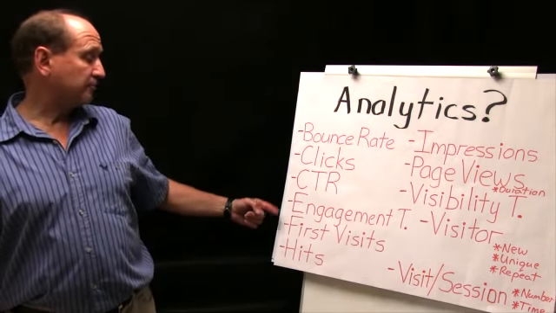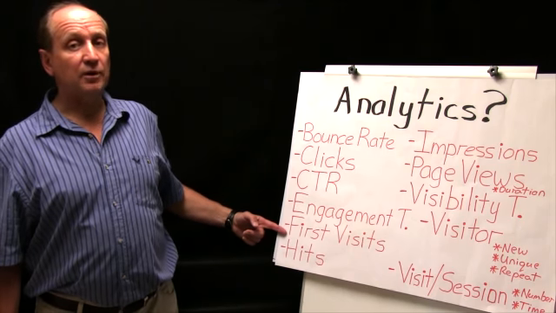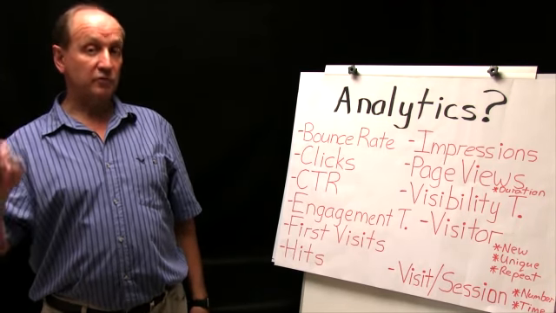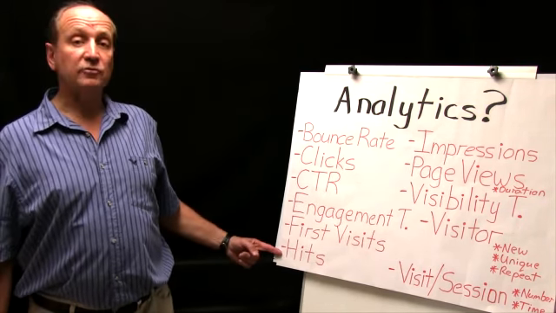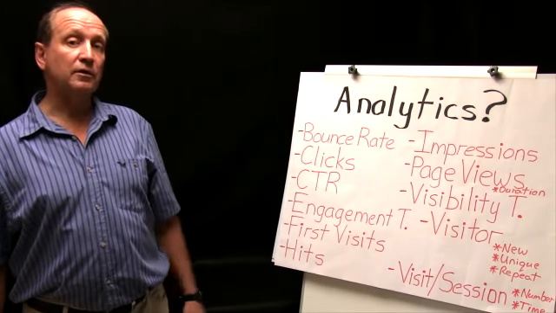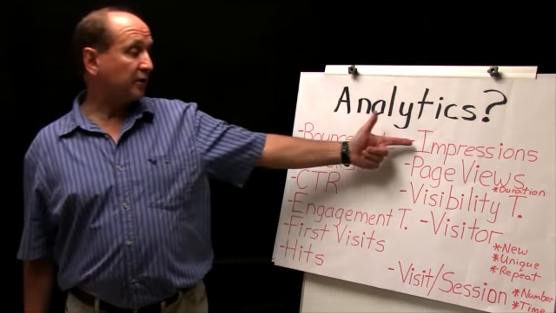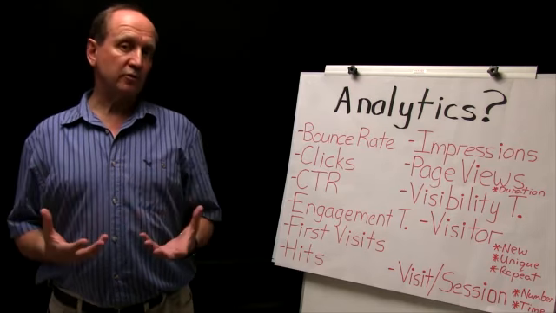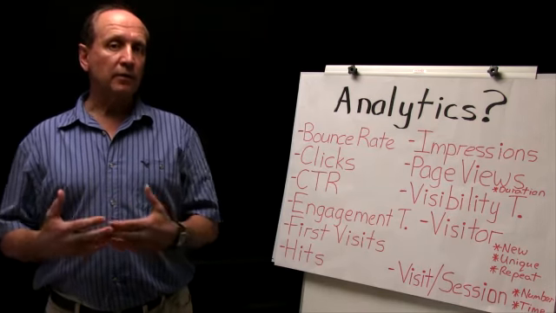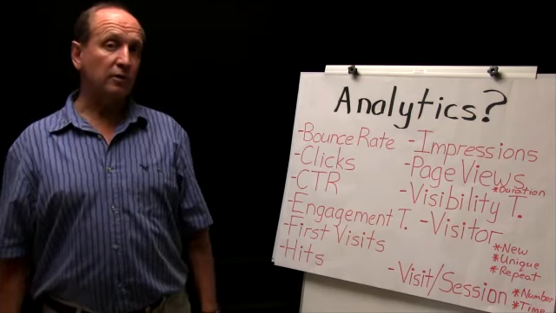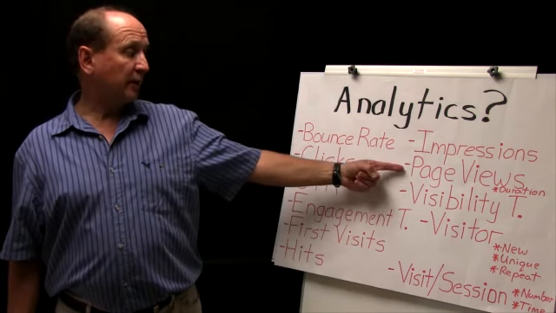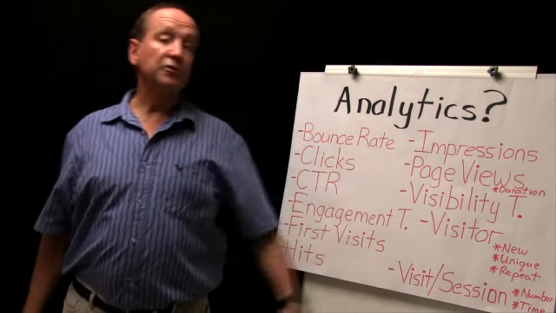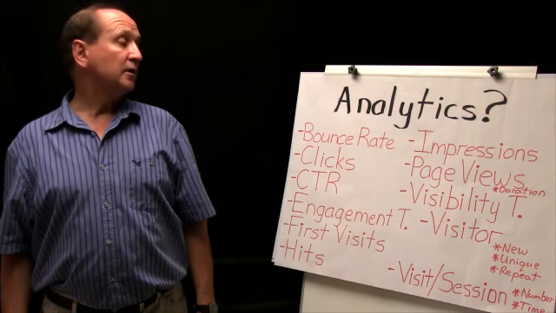Engagement time is another one. There's first visits, how many of the visitors have arrived there for the first time. There's a number of hits, which we'll certainly cover. It's a very common analytic. There's impressions, which again come back to advertisements. It's a number of times that an advertisement or a banner is produced on the screen as part of the website. There's page views, and there's also page view duration, which we'll also discover.